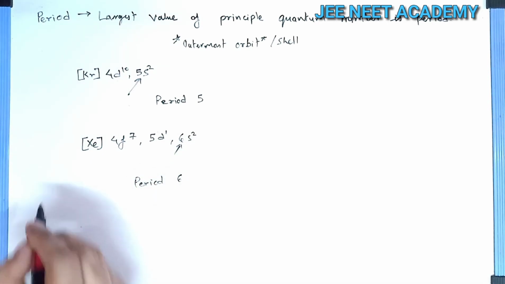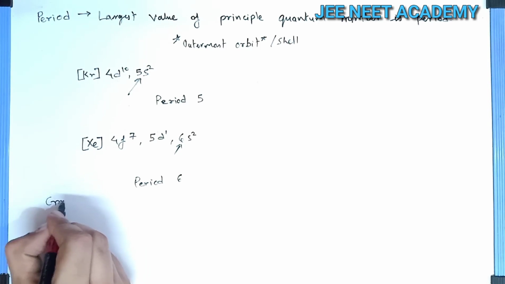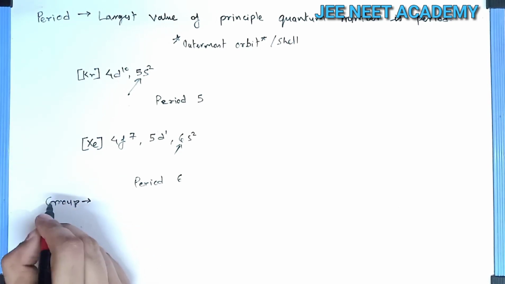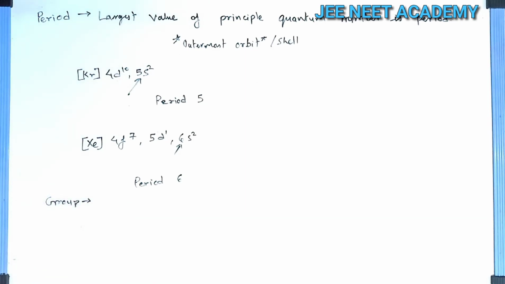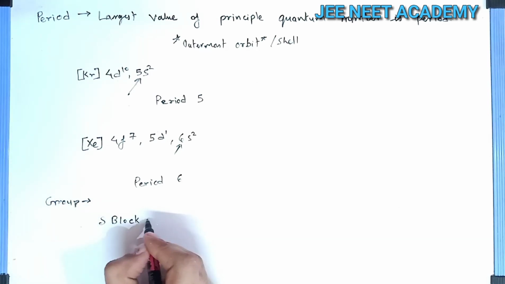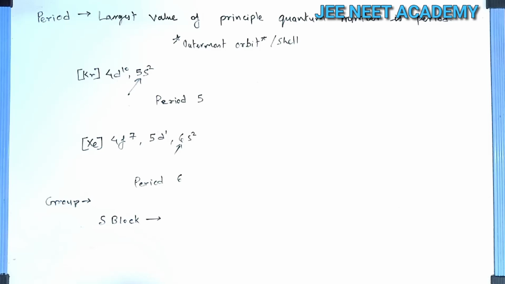Then group. To find the group of an element, we have short tricks. For S block element, first we have to know from which block this element is. Then we will apply this short trick.